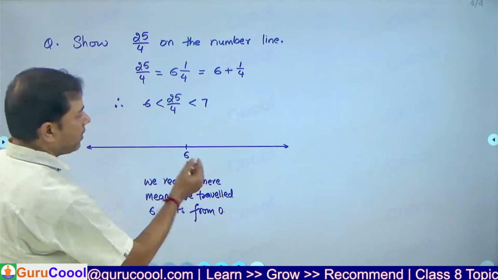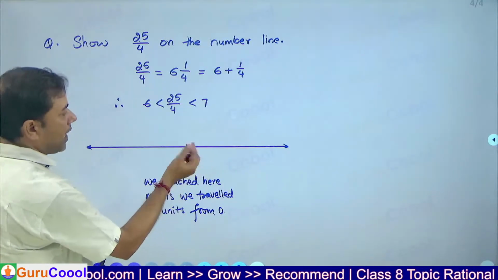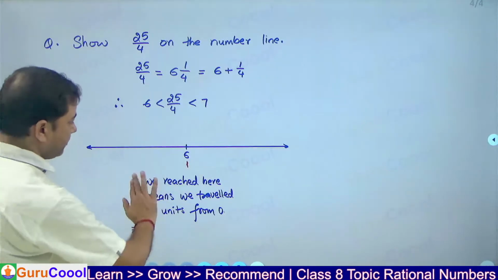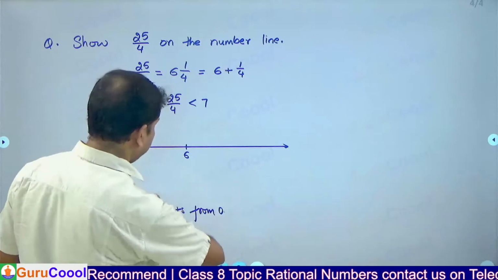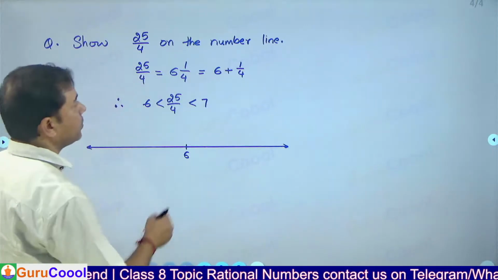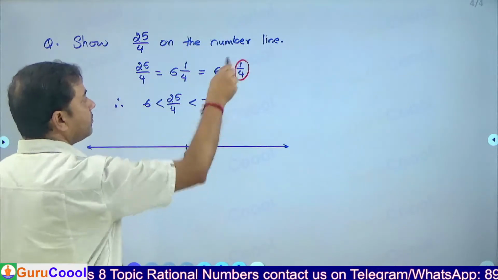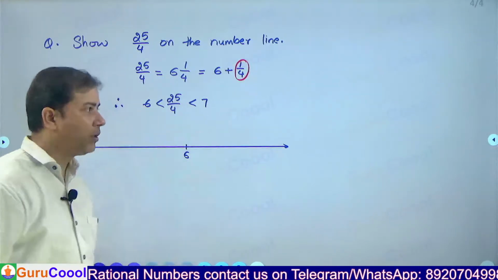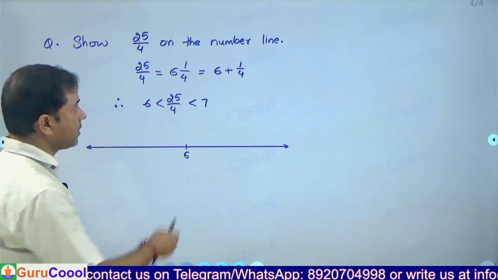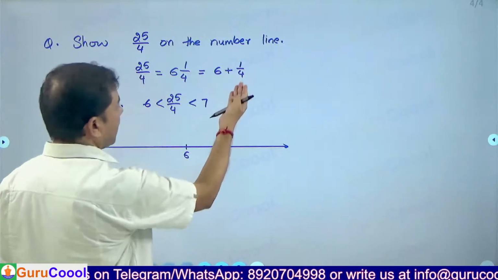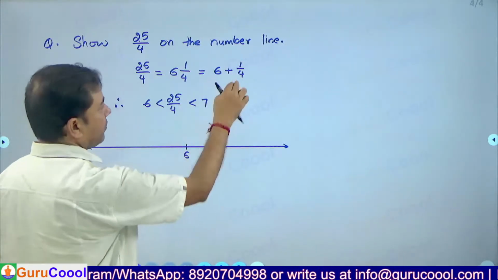We have to travel something more. How much more? Can you guess? 3 more. 4 more. Very poor. It is written on the board and you can't read it. It is visible here, 6 plus 1 by 4. 6 is already there, now 1 by 4 more.